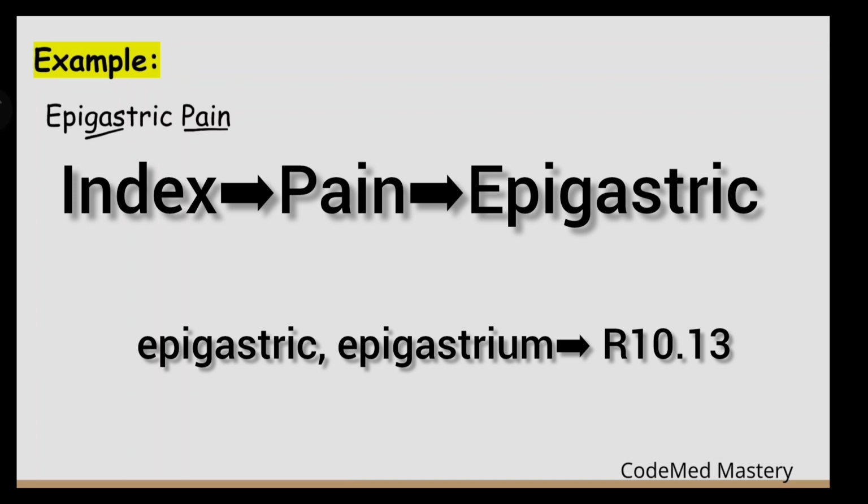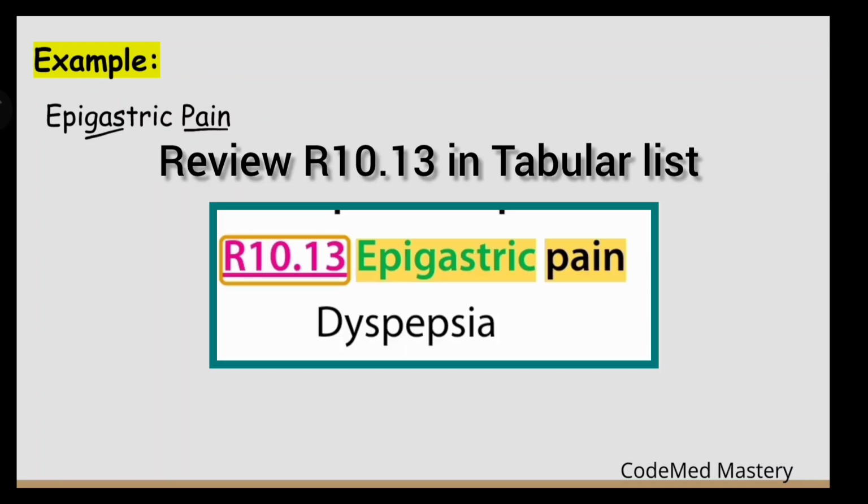As we read in the rules, we should never assign a code just by referring to the index. We have to always verify the code in the tabular list. So let us review the code R10.13 in the tabular list. In the tabular list, you can find R10.13 is for epigastric pain. So that is the right code.